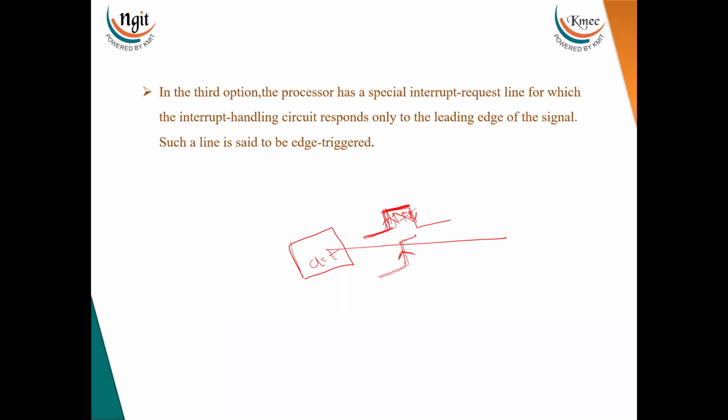Like that, here without enabling and disabling, at a time the microprocessor is accepting only one interrupt. Now in the previous methods also, by enabling and disabling, the processor accepts only one interrupt at a time. During the execution of the ISR, another IO device should not interrupt the microprocessor. This is the concept of enabling and disabling the interrupts.